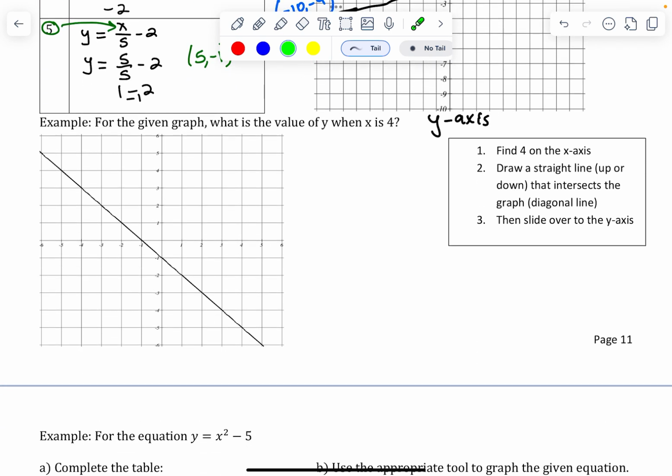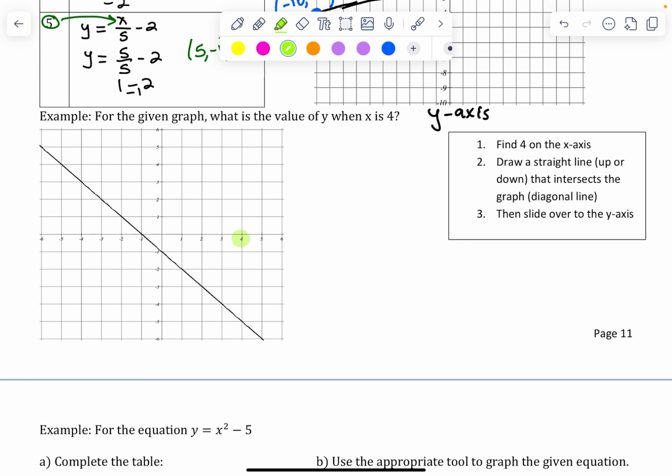So the next one says, for the given graph, what is the value of y when x is 4? So we are first going to find x equals 4 on the x-axis. Then we're going to draw a straight line up or down that intersects the graph, which is the diagonal line.